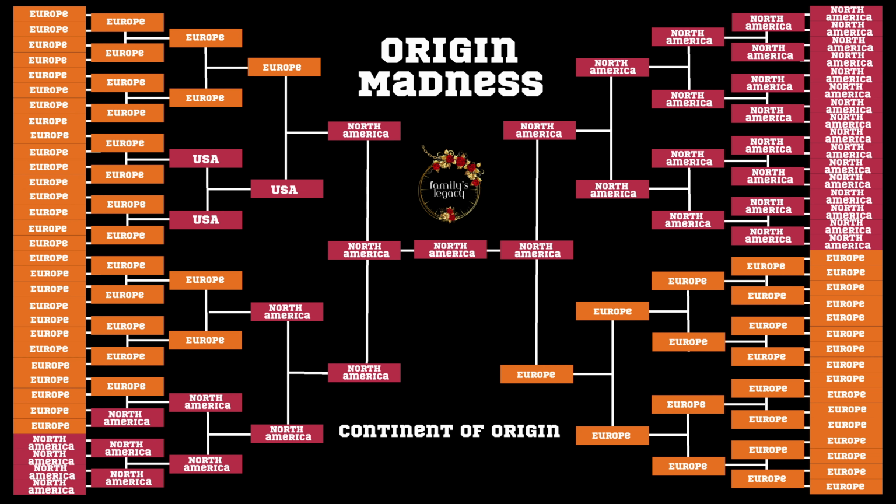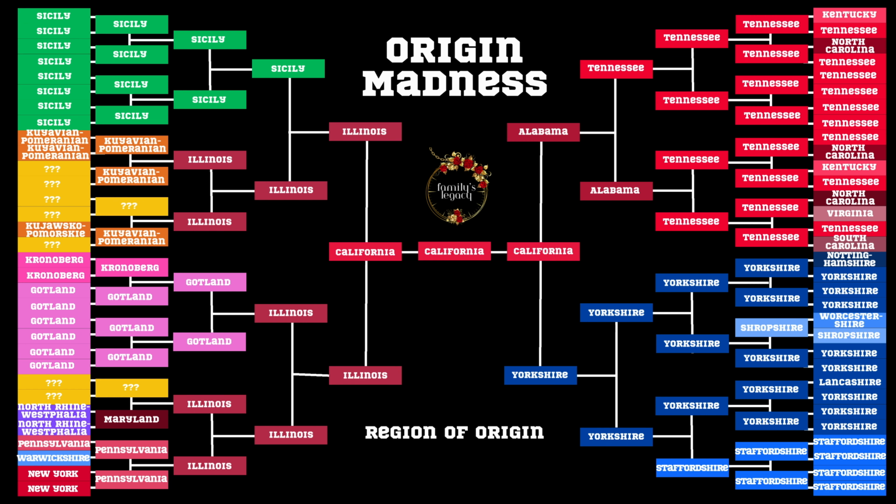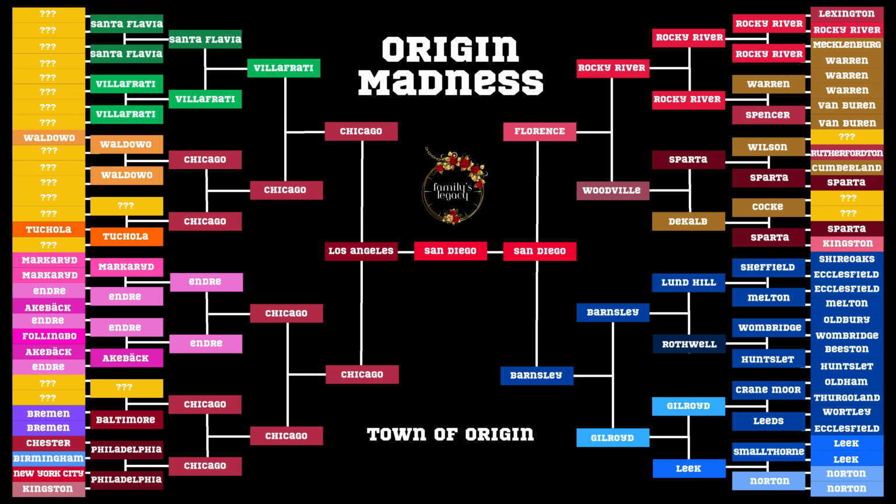So I've just shown you brackets that are centered around places of origin, but you can just as easily create them to reflect places of marriage or death. You could track the number of children each ancestor had, maybe how old they lived to be, or any other fact or pattern that you want to trace or identify in your family tree.